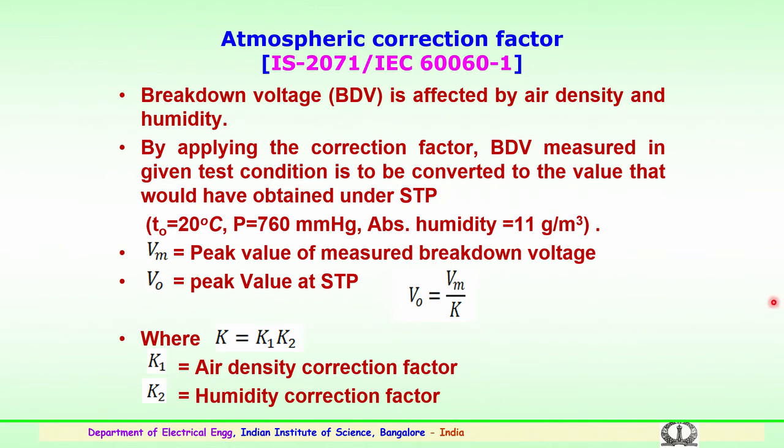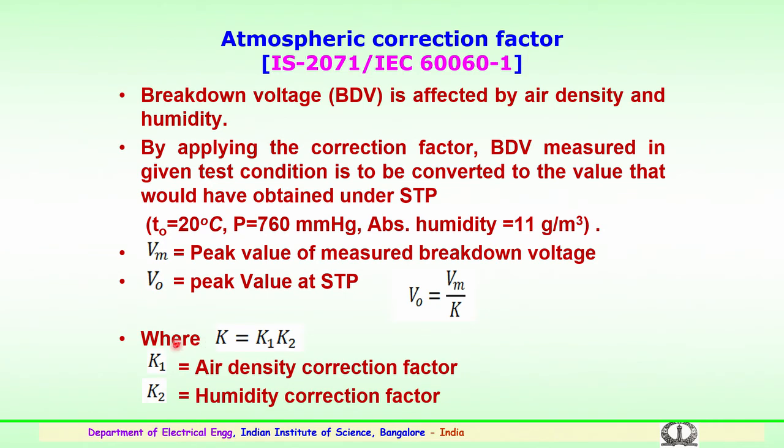So, V naught is the peak value at standard temperature and pressure. So, we have to convert the values to the standard temperature and pressure. For this, we have a correction factor to be used. So, that value V naught, equal to the peak value at standard temperature and pressure, is given by Vm by the K factor. So, Vm is the peak value of the measured breakdown voltage, divided by a factor K.